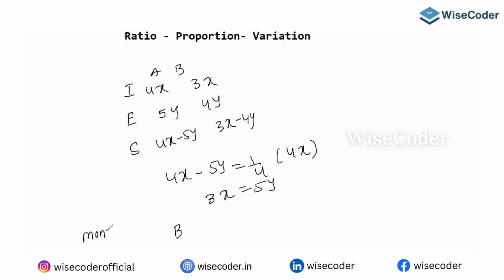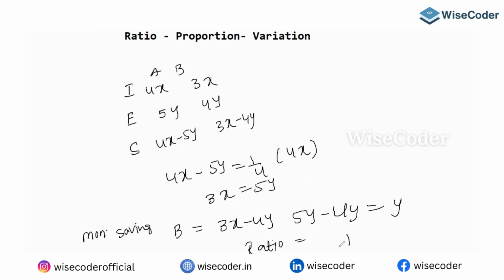So the monthly savings of B will become 3x minus 4y, but in place of 3x you can write 5y, so that becomes 5y minus 4y, which is y. The monthly savings of A is 1/4 of 4x, and that is also y.